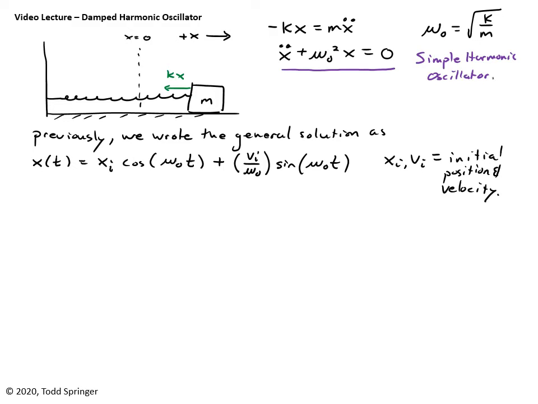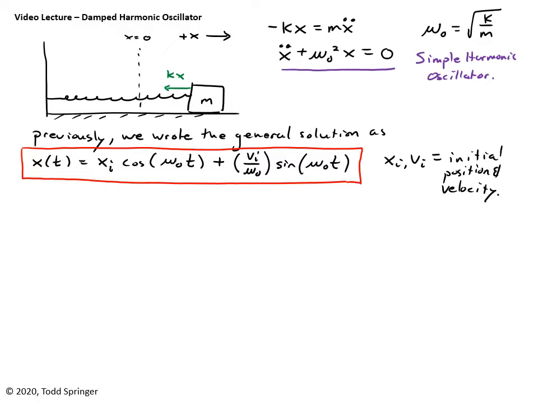Earlier in the course we worked out the general solution of this equation, and that's what I'm writing here. We arrived at this mostly by guessing, by thinking about what kind of function I know where I take two derivatives and get the thing back again multiplied by a negative constant. We decided it was a cosine or a sine.